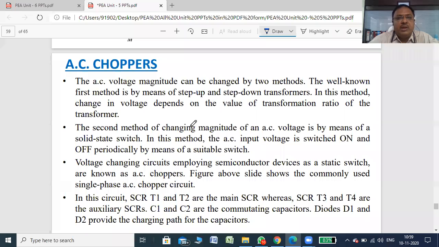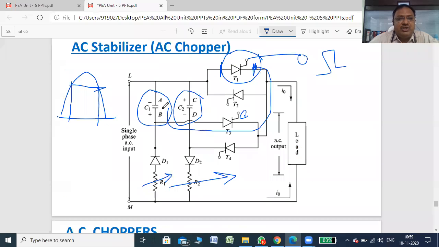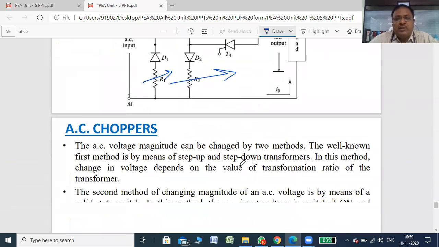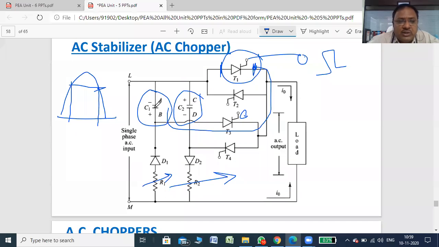So capacitor C1 will discharge through CB, point B, then T3, then T1, then back to A, that is the CA. So the voltage across the capacitor is more positive as compared to the anode voltage.